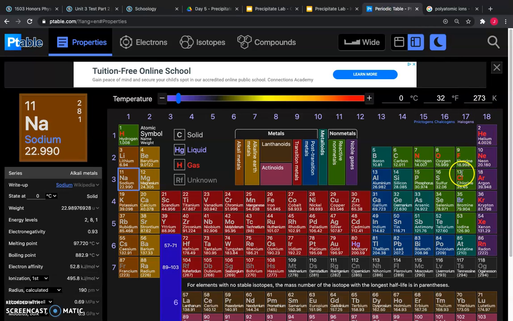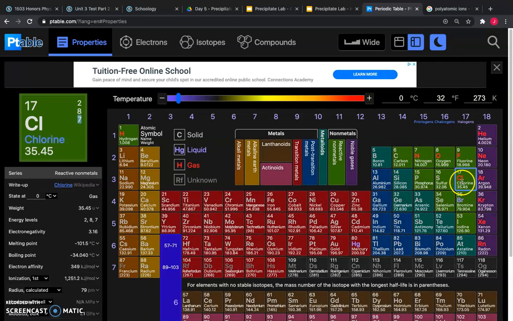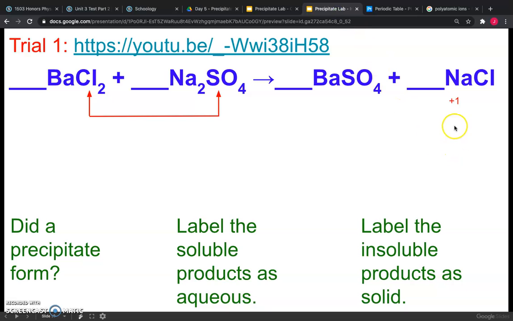Chlorine, on the other hand, has 7 valence electrons. It wants to have 8 so that it has a full valence orbital. So it's going to gain 1 electron, and then it'll have the same electron configuration as argon. So it'll go from 7 to 8. Since it's gaining an electron, it'll have a -1 charge. +1 and -1 cancel out, so this one is also already balanced.